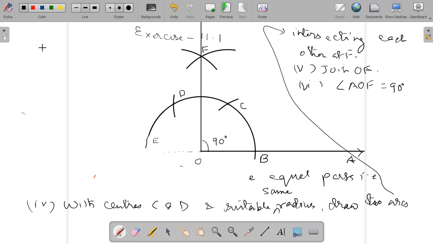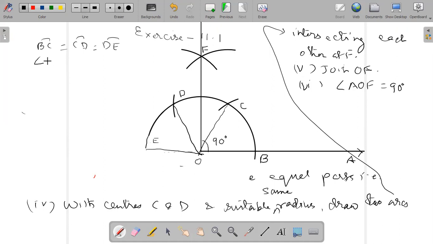See, here, these are the equal chords. Chord BC is equal to chord CD, arc, sorry, CD and DE. These are the three equal arcs, therefore they will make the same angle at the center. So all these three angles will be the same.